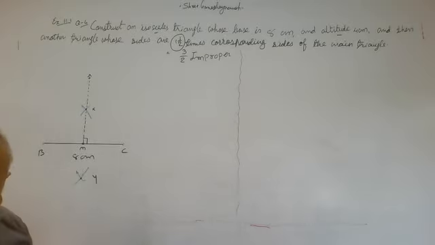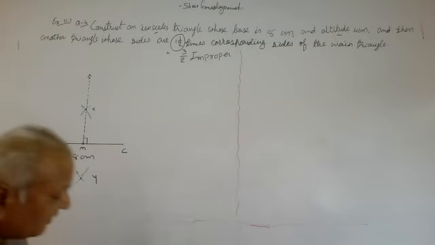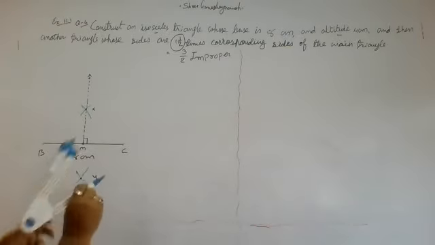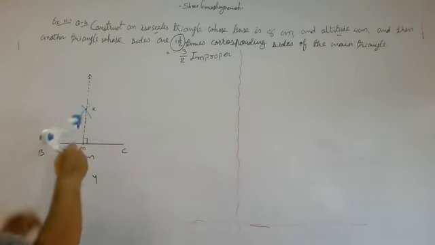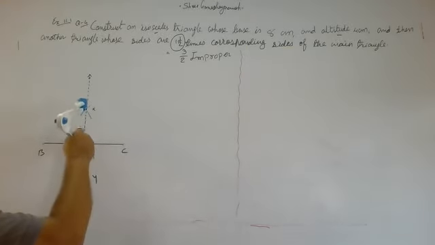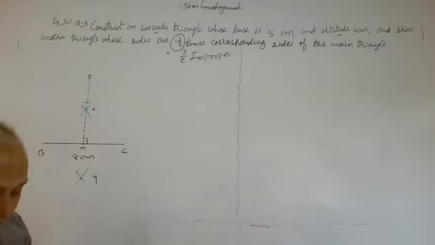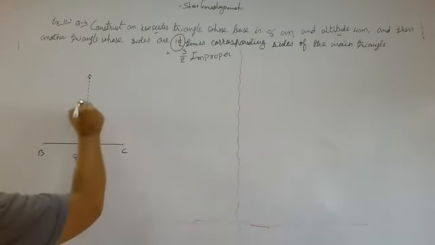Now the length of the altitude is given, 4 centimeter. So friends, we have to take a measurement of 4 centimeter, and it will be approximately like this, and you have to cut with this 4 centimeter on the perpendicular line. It is 4 centimeter. Now this point must be given a name.